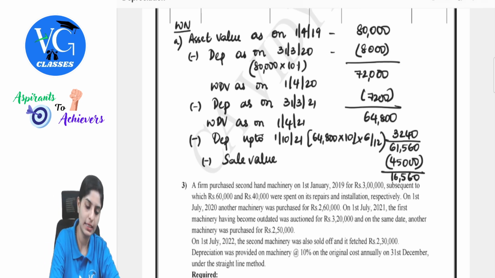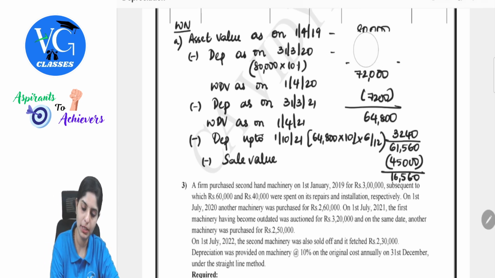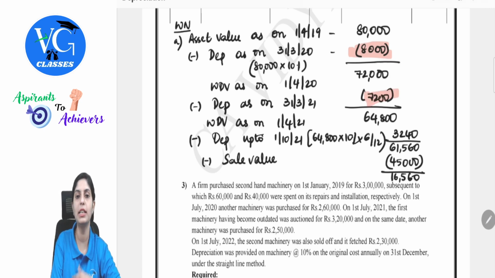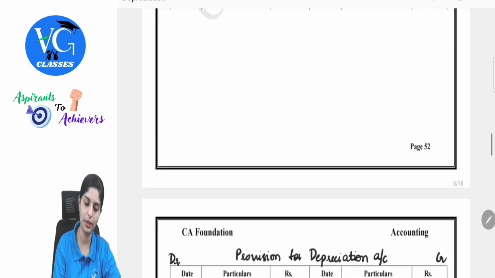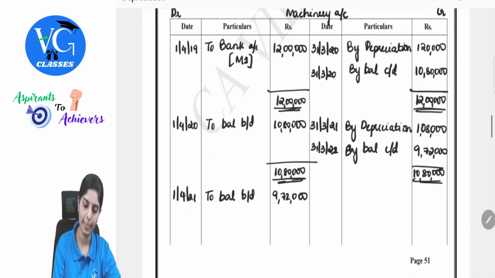So you need not separately record this depreciation, this depreciation, this depreciation, because that is already been taken care. Depreciation in the current year, that is 3240, need to be recorded. So this is happening on 1st October.